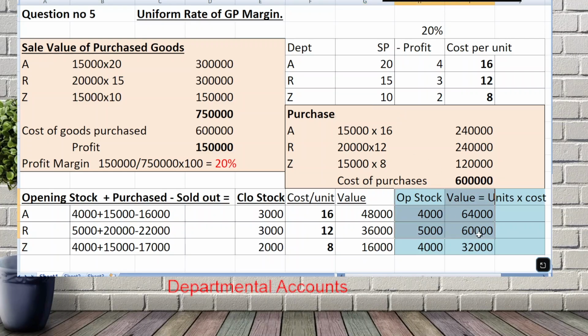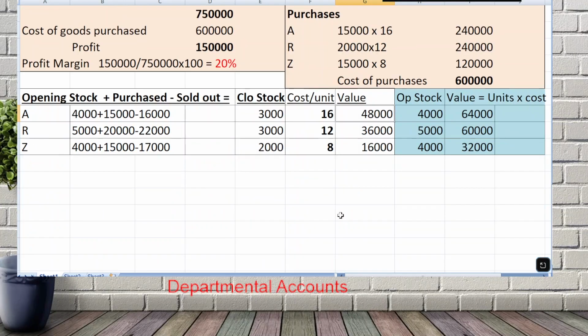So opening stock value also we worked out. What is the next one we need to work out? Shall I proceed? We have to find out the sales value.